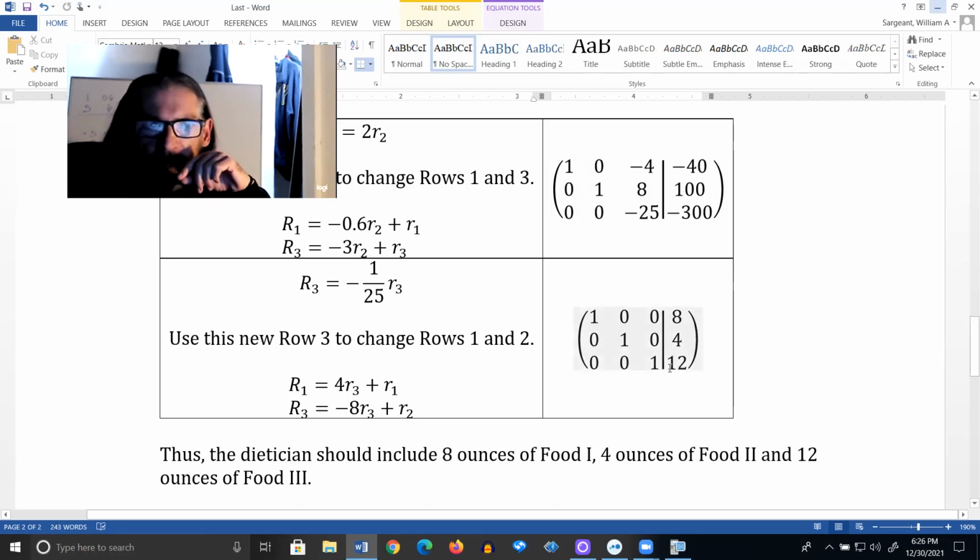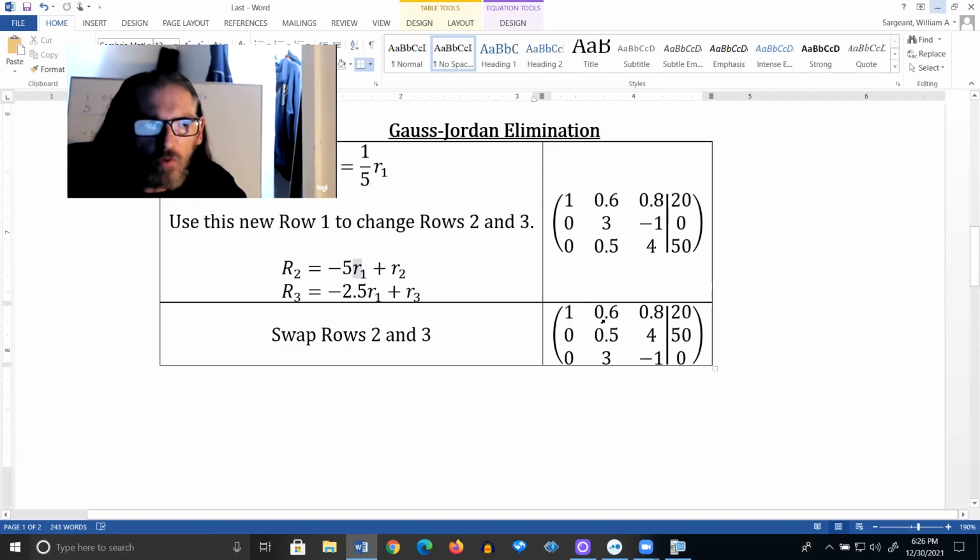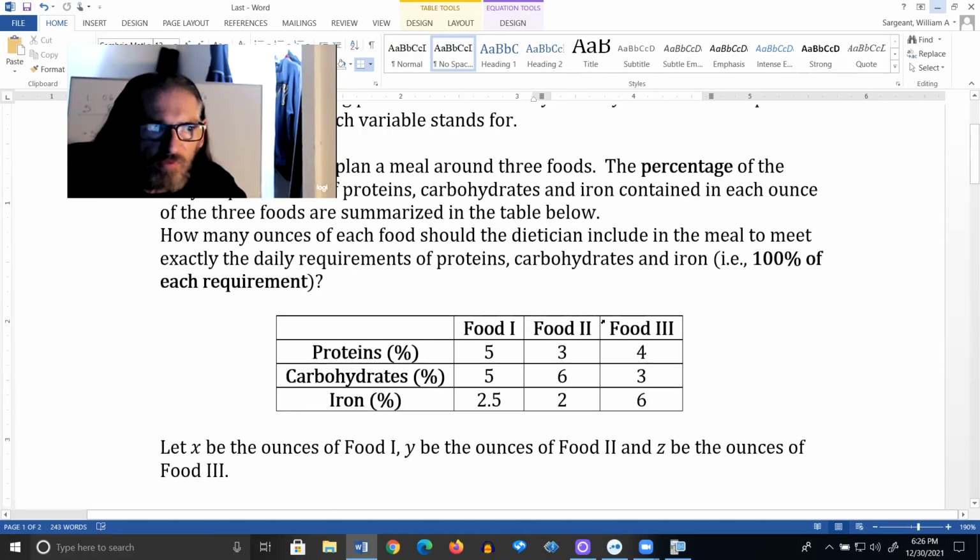And -8 times 12 is -96. Added to the 100, that gives us a 4. Remember that first row would be 1x plus 0y plus 0z equals 8. And that would just boil down to x equals 8. That was how many ounces of food 1, according to our definition of what the variable stood for up here.